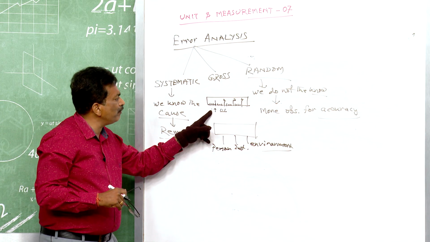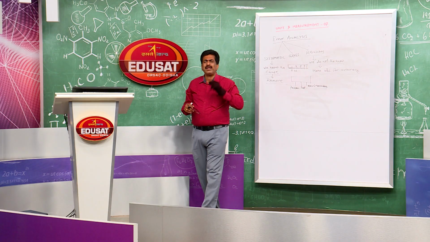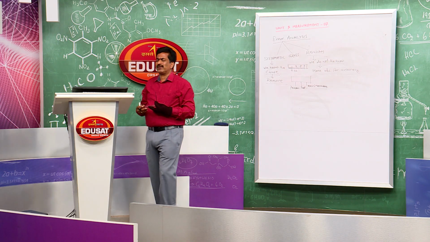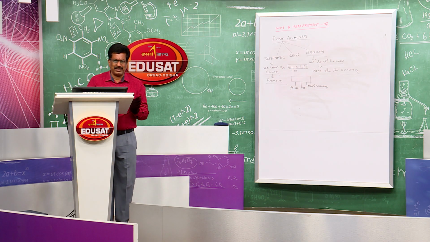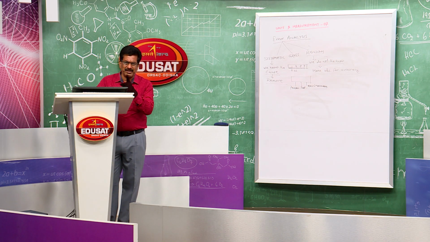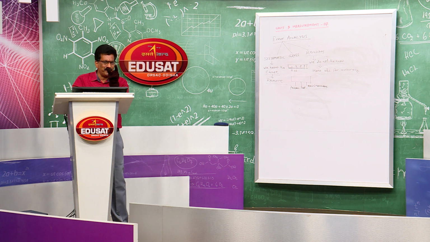Instead of that, you may take 0.9 or 1.1 depending on your viewing angle. It is also the same type of example. Suppose there is a parallax error and three measurements are going on. If we look at the scale range, the middle one, which is 4.8 centimeter, is the correct answer. That is the personal error.